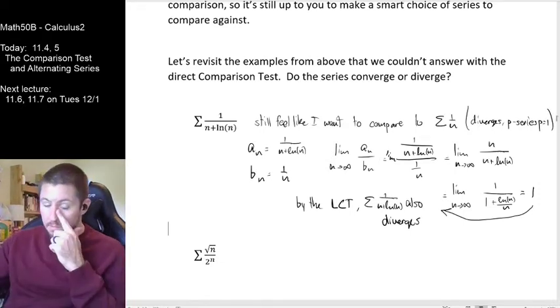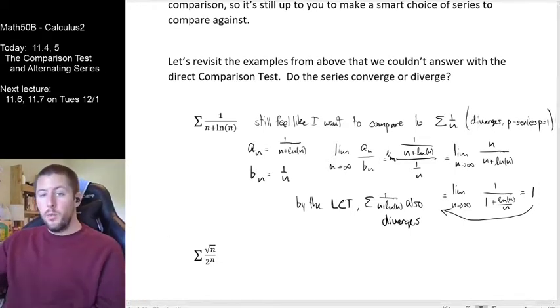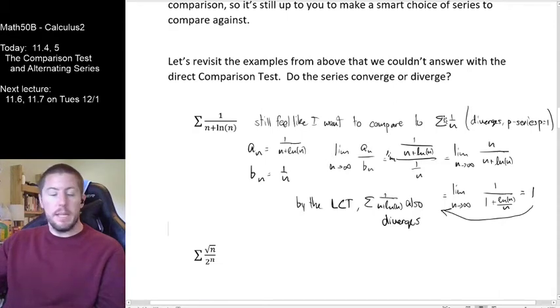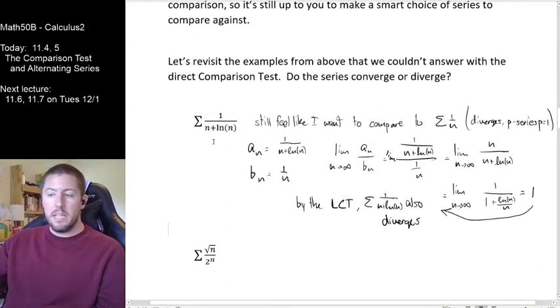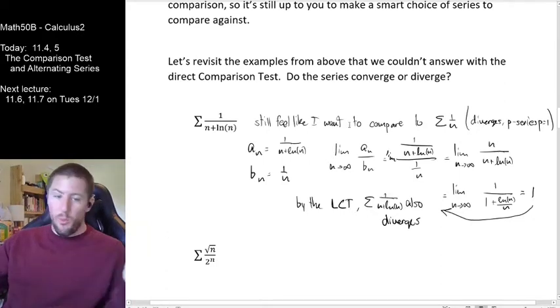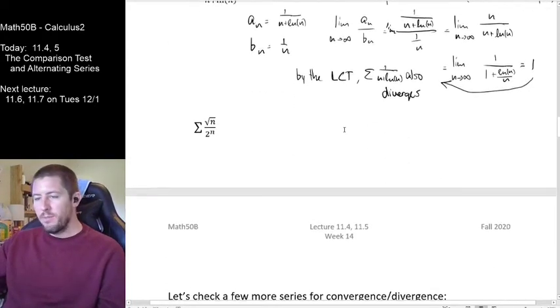It's a p-series with p equals 1, so it diverges. Right? So since this is known to diverge, and these must have the same convergence or divergence, our series will also diverge right there. So here, the direct comparison test with 1 over n didn't get us there, but the limit comparison test with 1 over n did end up getting us there, which is pretty cool.